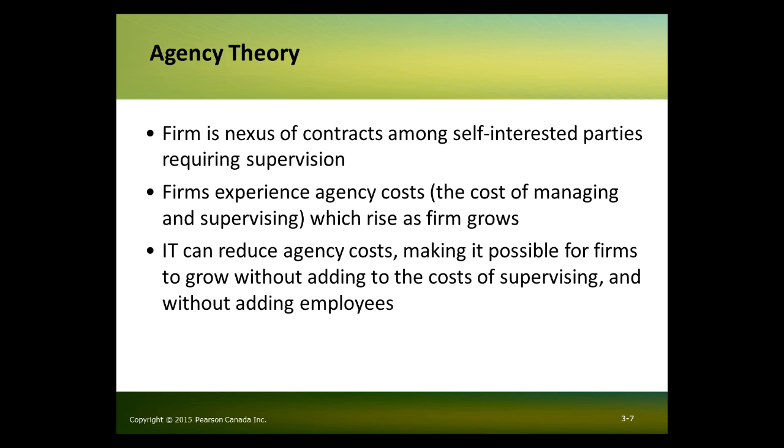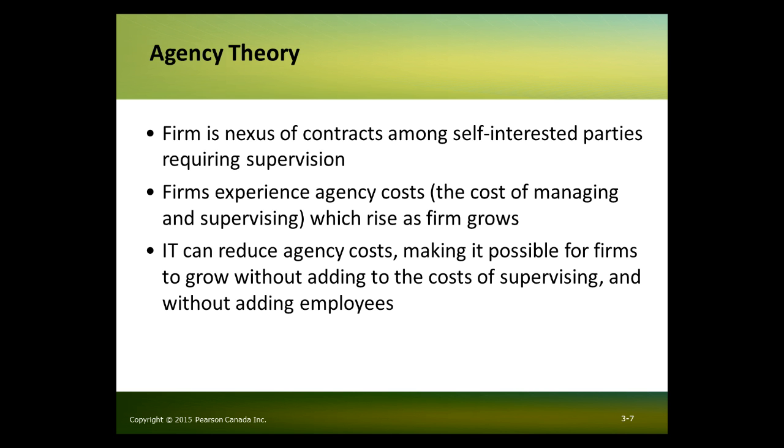So, and this goes into the field of human resources and organizational behavior, if we think of employees as looking out for themselves, they have their own self-interests in mind, then we come together in an organization in an agency relationship.